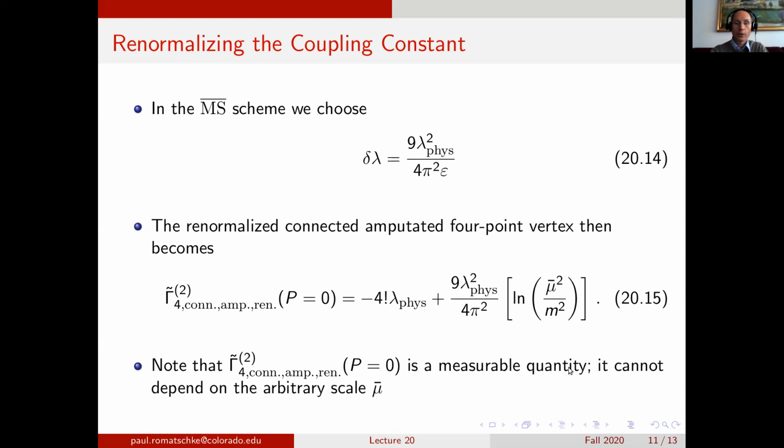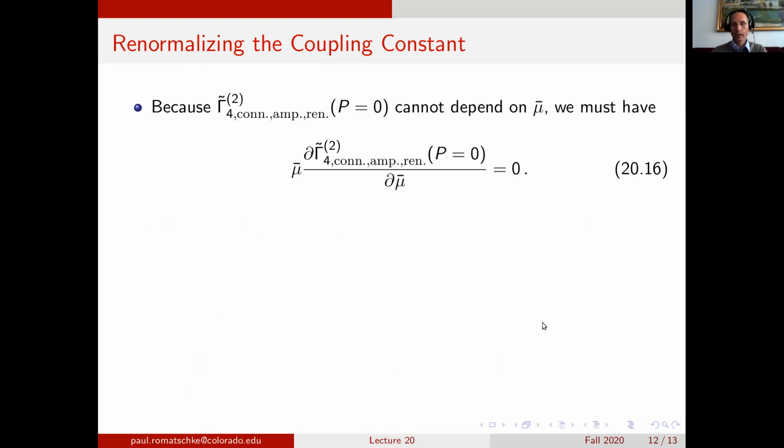And the obvious resolution of this is that somehow lambda physical that we have in the Lagrangian must implicitly depend on mu as well to cancel the dependence here. So long story short, we know, because this is a physical quantity, that the 4-point function cannot depend on mu, so the derivative with respect to mu must be 0.